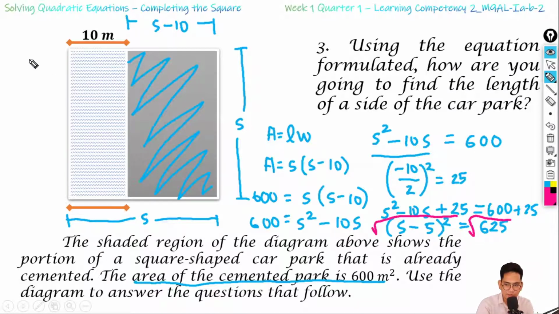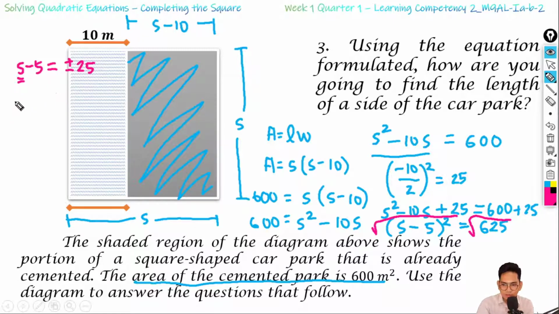The square root of S minus 5 quantity square will be S minus 5 only, is equal to the positive negative 25 since a variable is involved. Therefore, we get the positive negative square root of that number.